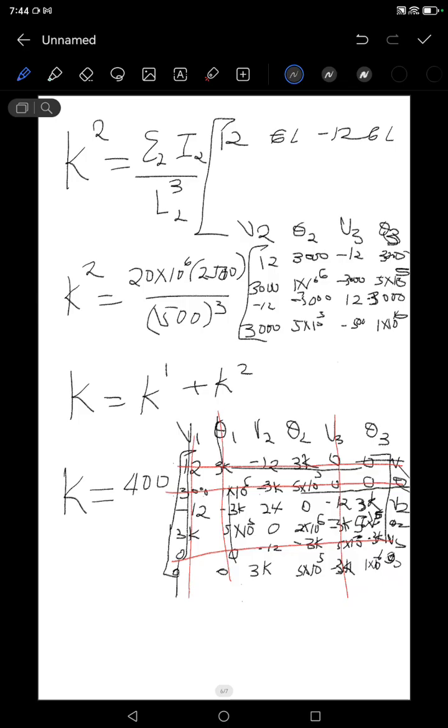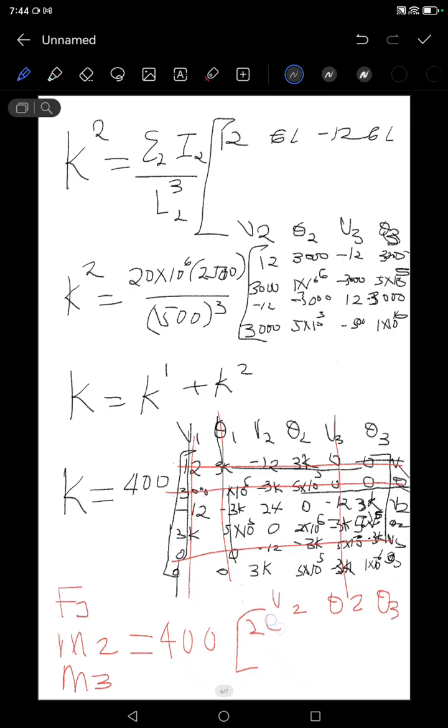So we're going to have F2, M2, and M3, all equal to 400 times, and here we have V2, theta 2, and theta 3. The first row is going to be 24, 0, and 3000 for theta 3.